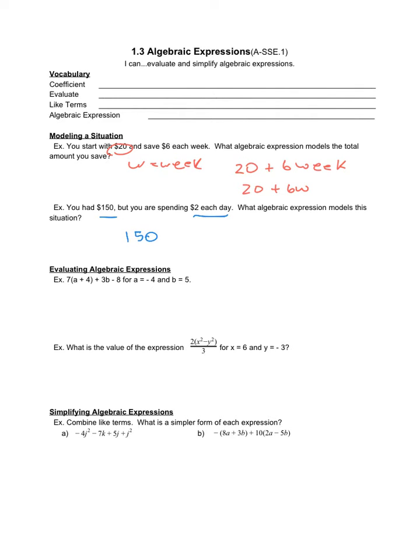And then if I am spending $2 per day, if I make D equal to day, that would be $2 per day, well, there's my term for that. But since I'm spending it, I'm taking it away, or I'm subtracting it. So I have 150 minus 2D to represent that expression.